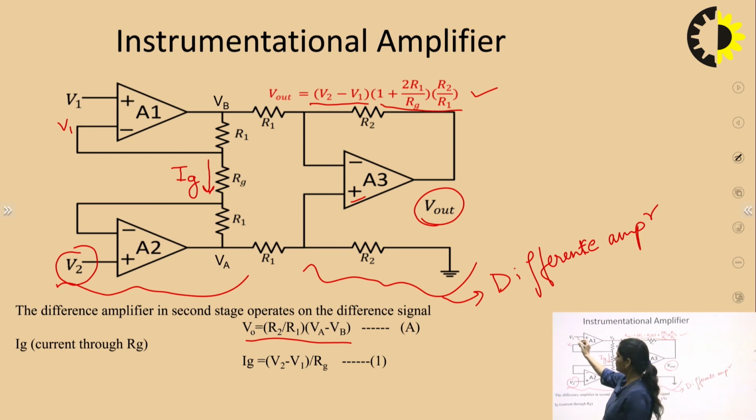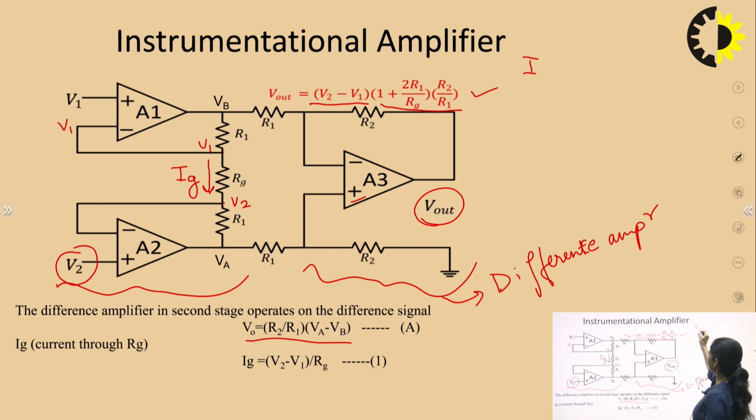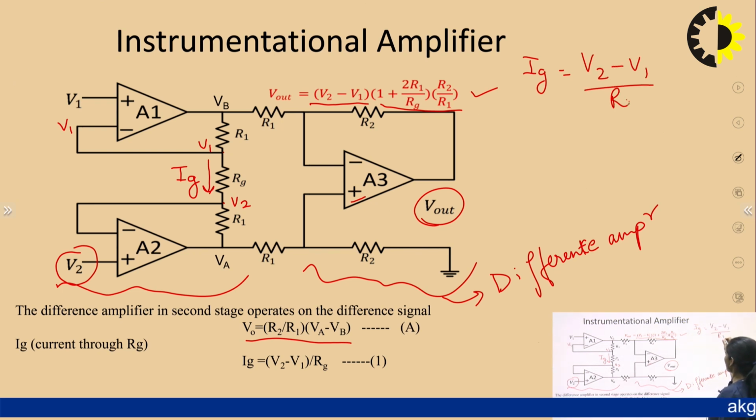So this point is V1 and this point is V2. Now find IG. IG is equal to V2 minus V1 upon Rg, the voltage difference upon the resistance across which the current IG flows.